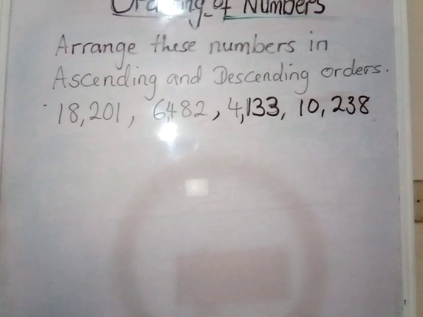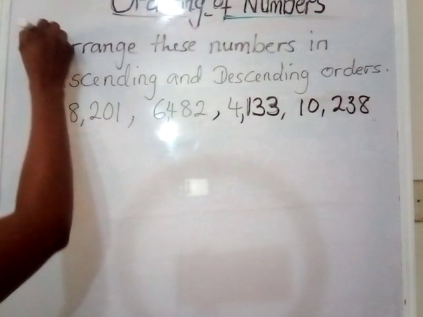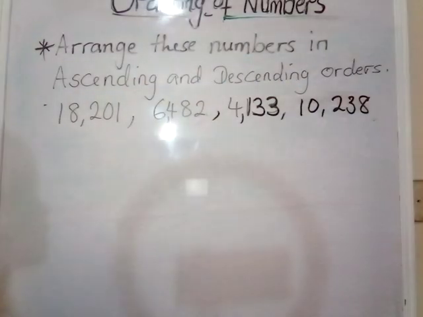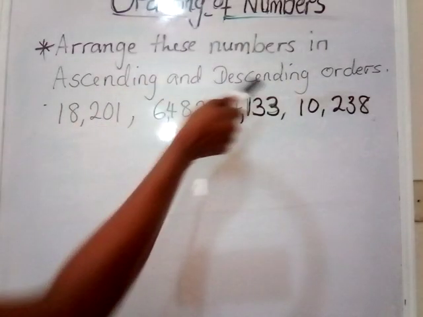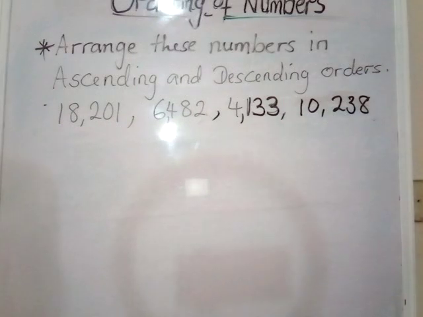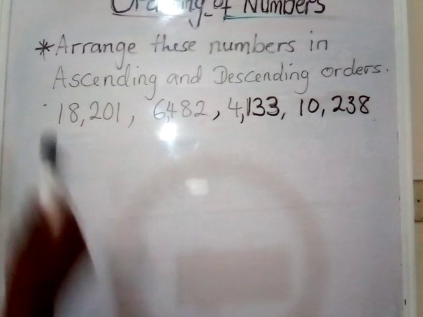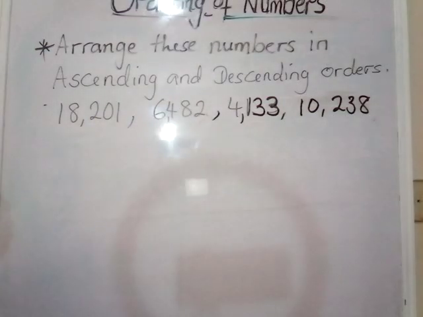Okay, let's consider this last example. Arrange these numbers in ascending and descending orders. Now I'm deliberately using ascending and descending so that you get used to it and understand that you could come across greatest to the least or least to the greatest. I also don't want you to get confused.